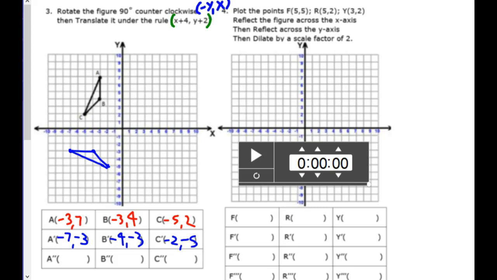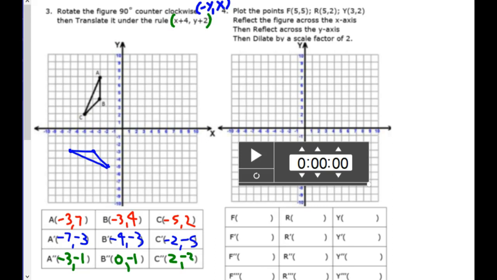And then we remember, because we're so smart, that we take the second row and we apply the translation rule. We add 4 to the x's, we add 2 to the y's. So negative 7 plus 4, negative 3, negative 3 plus 2, negative 1. Negative 4 plus 4, 0. Negative 3 plus 2, negative 1. Negative 2 plus 4, 2.